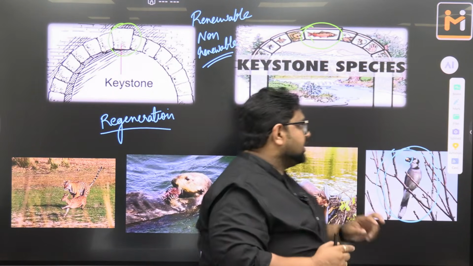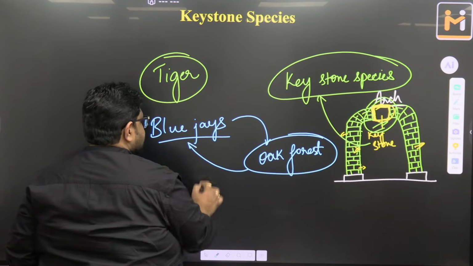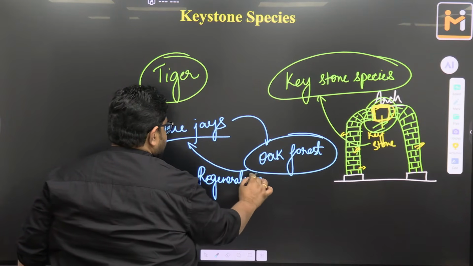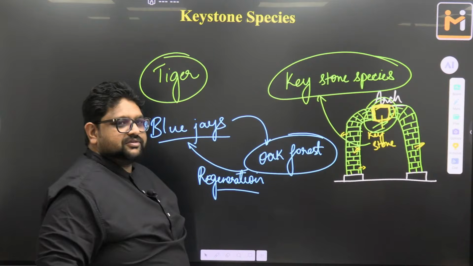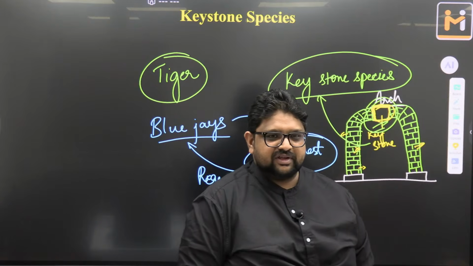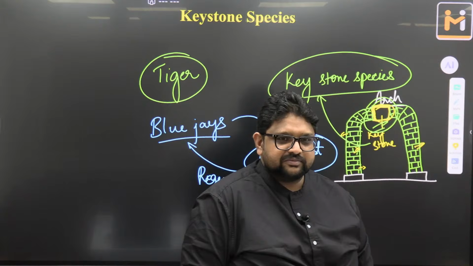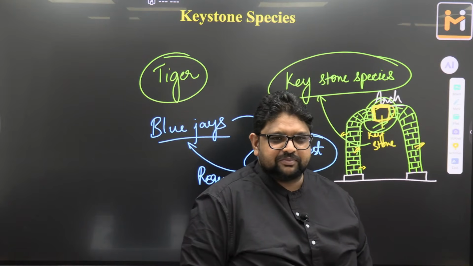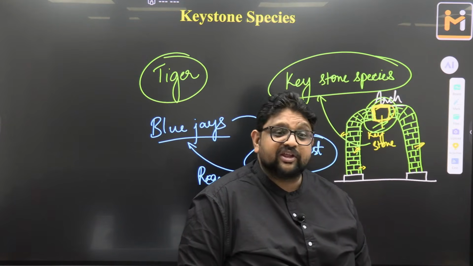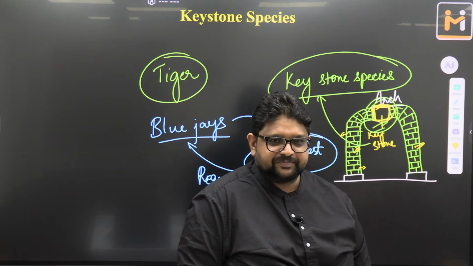For an oak forest to regenerate, it has to go through the blue jays. It has been happening for many million years, since evolution. That is the reason the oak forest is there and the blue jay is also there. A mutualistic relationship: the blue jay gets food in the form of seeds, the oak gets regeneration. You can write this example even in your mutualism relationship.